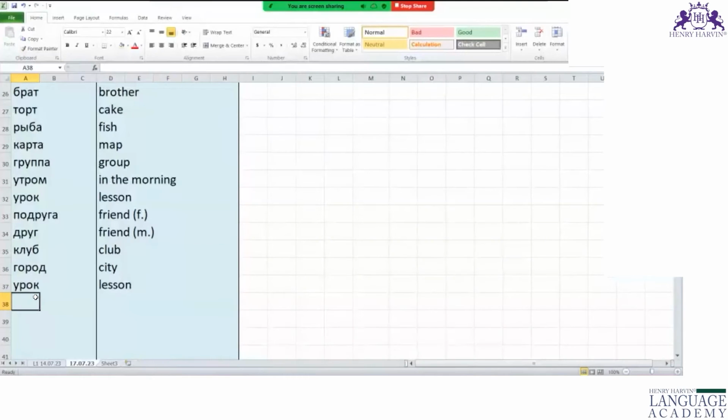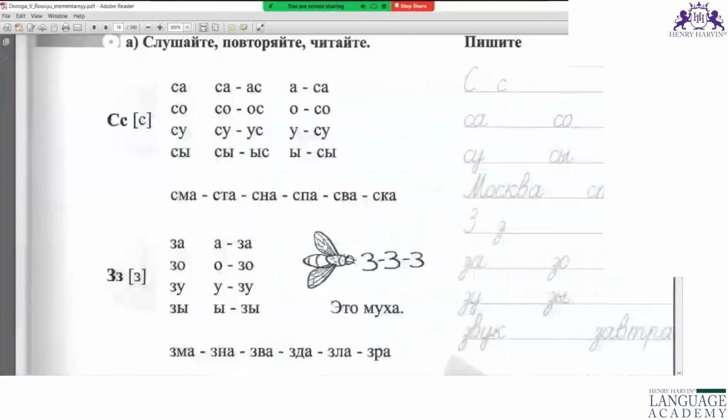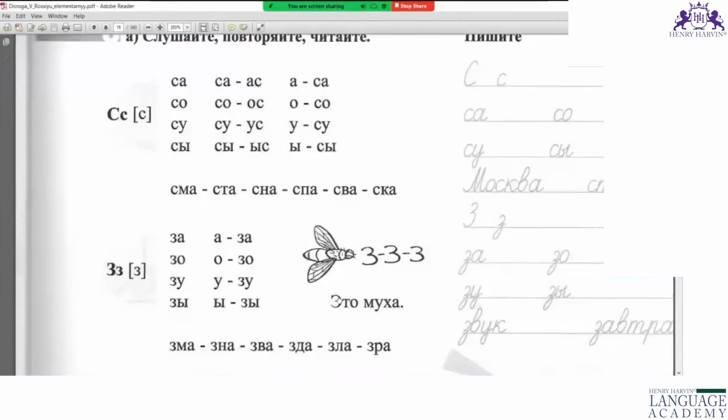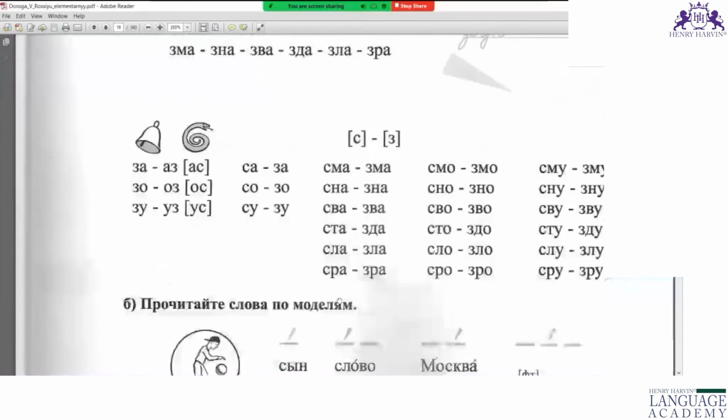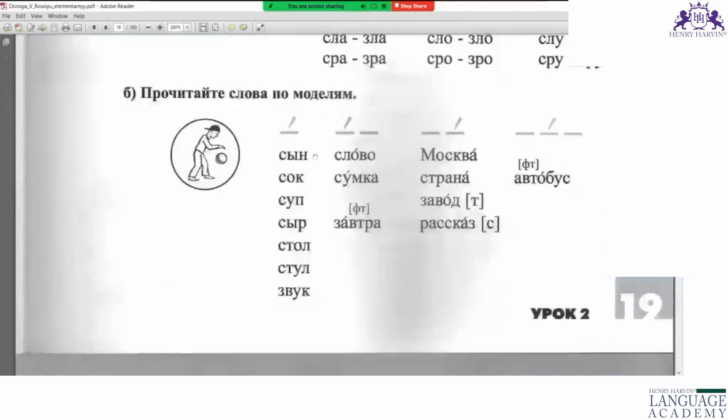Муха means a fly. Это муха. This is a fly. Write it with M. And муха makes the sound Z, right? Муха.